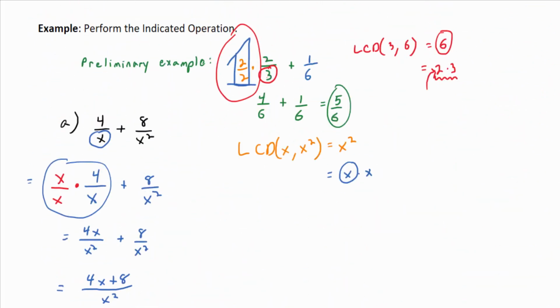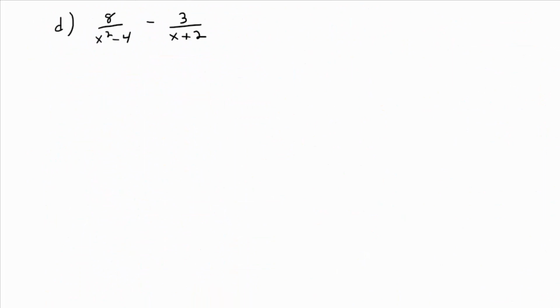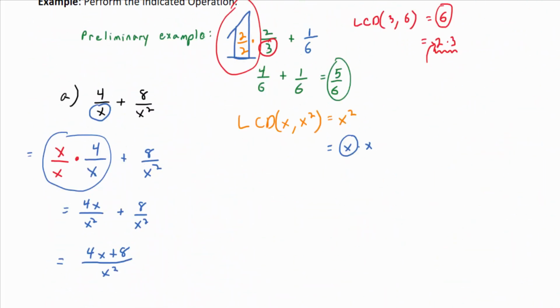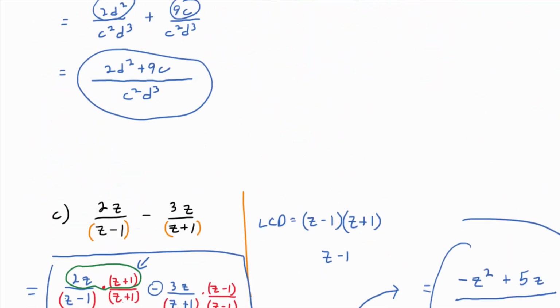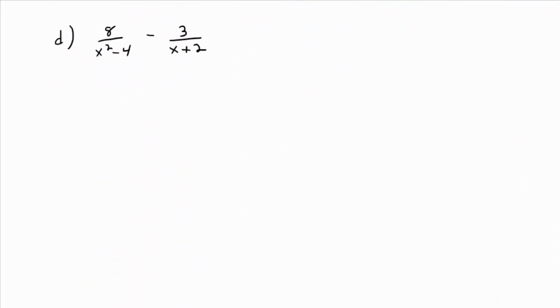They were already in factored form. And so because they were in factored form, it was easy to find the LCDs. In this one, the left-hand denominator is not factored all the way, unlike the other ones. So if we want to find the LCD, the moral of the story is we've got to factor all the denominators involved. Okay? Factor all the denominators.